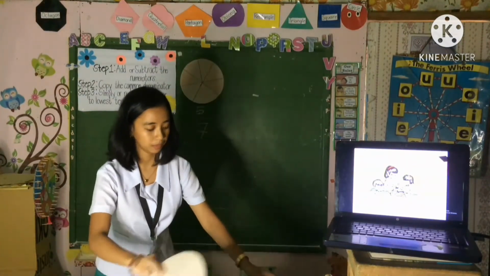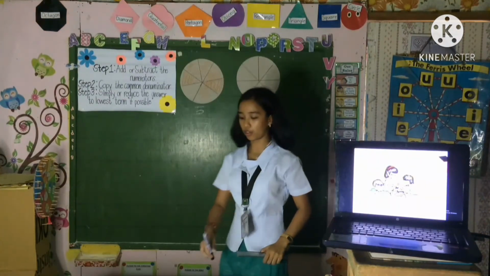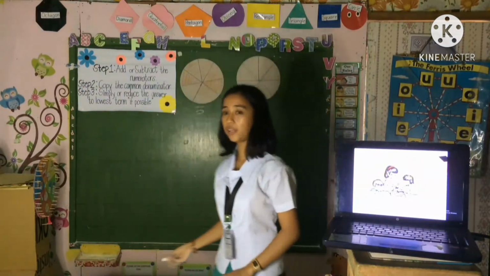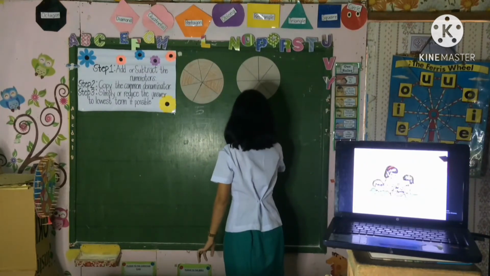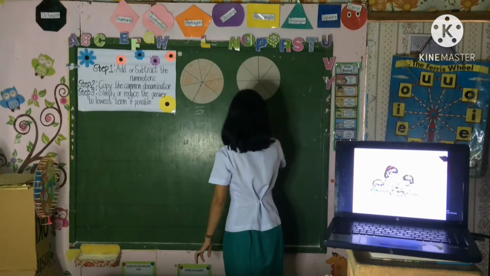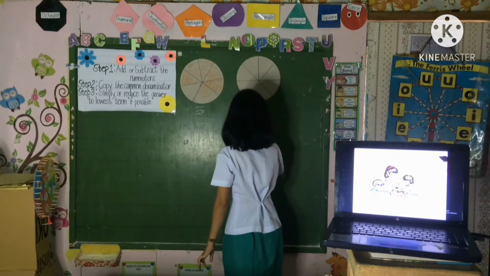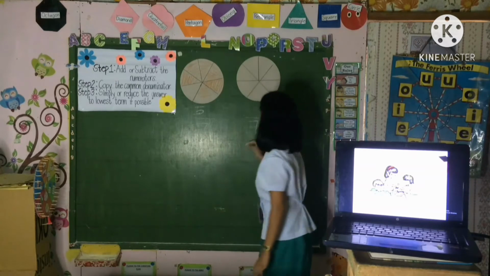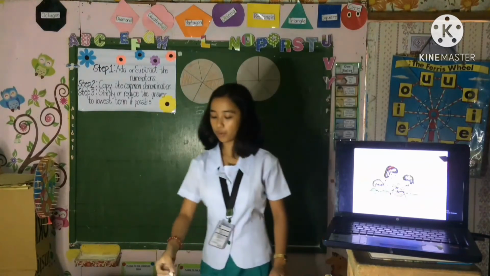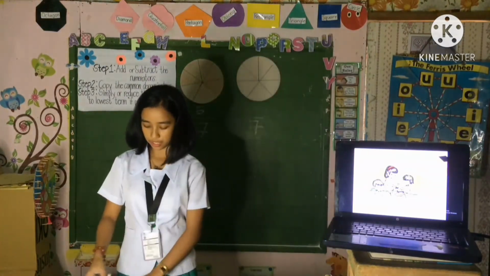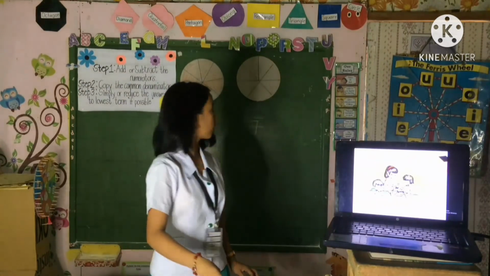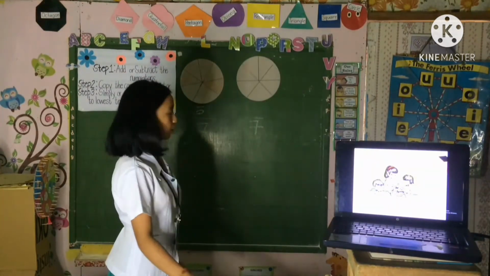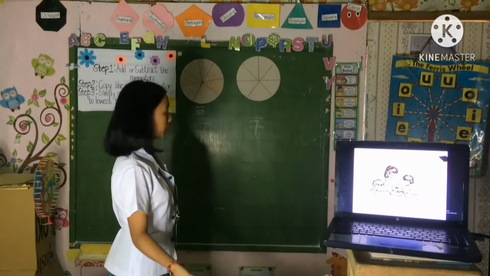Next, what is the denominator of this circle? Anyone? Very good, it is 7. 7 will be our denominator because the whole circle is divided into 7 equal parts. Now, anyone from the class, shade this circle into two equal parts.